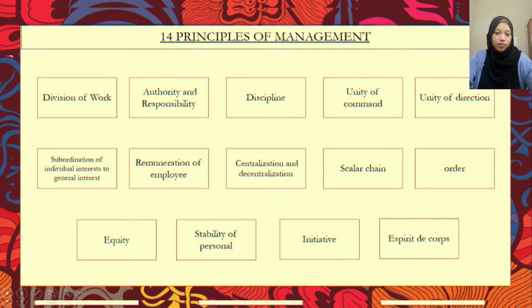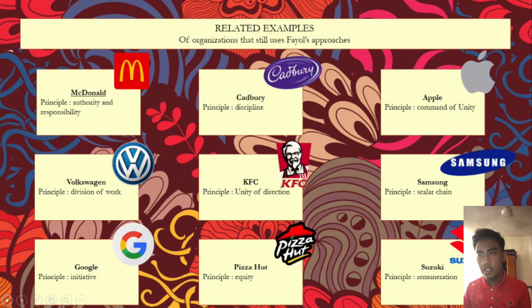14. Esprit de corps. Okay, then I will continue this presentation with related examples of organizations that still use Fayol's approaches. McDonald's uses the principle of authority and responsibility, and Cadbury uses the principle of discipline.